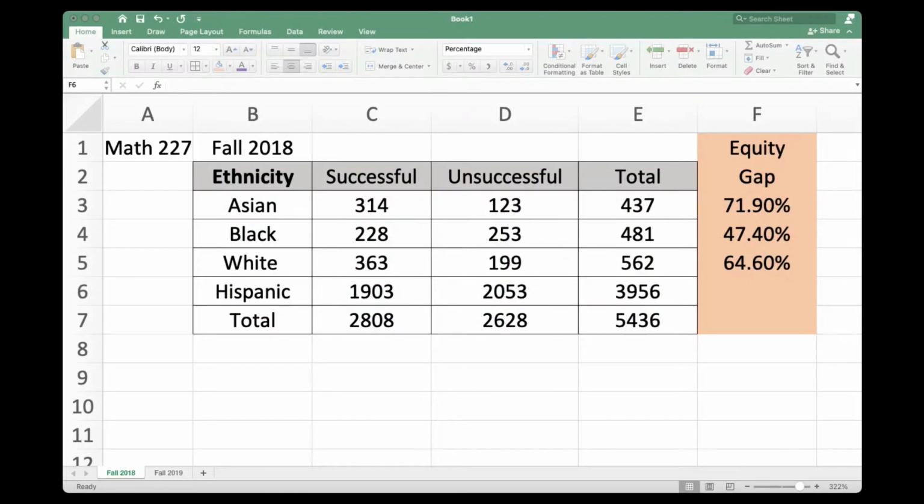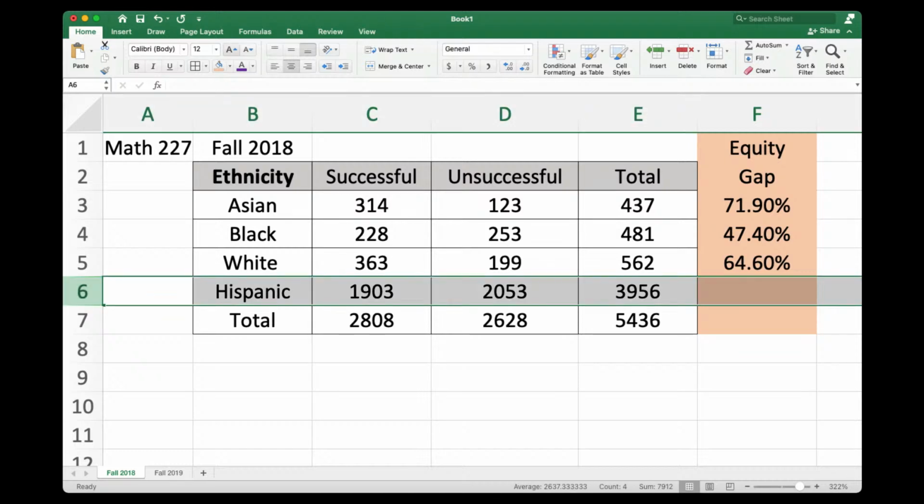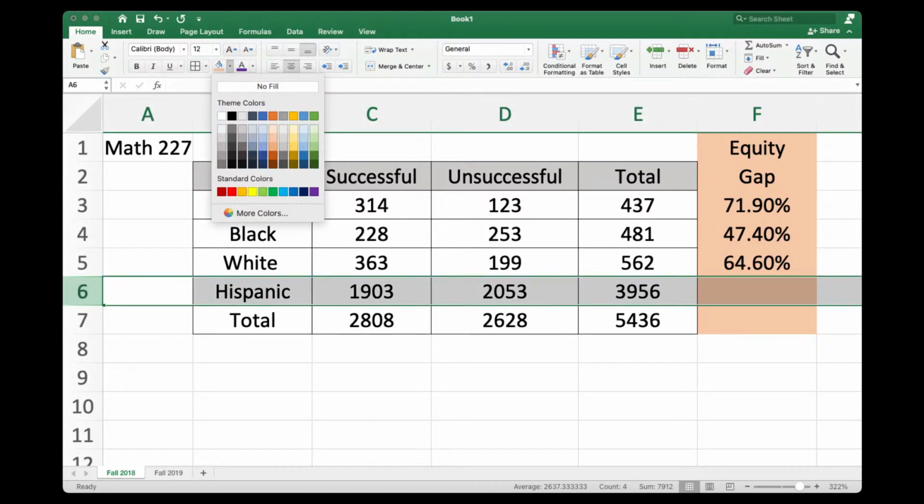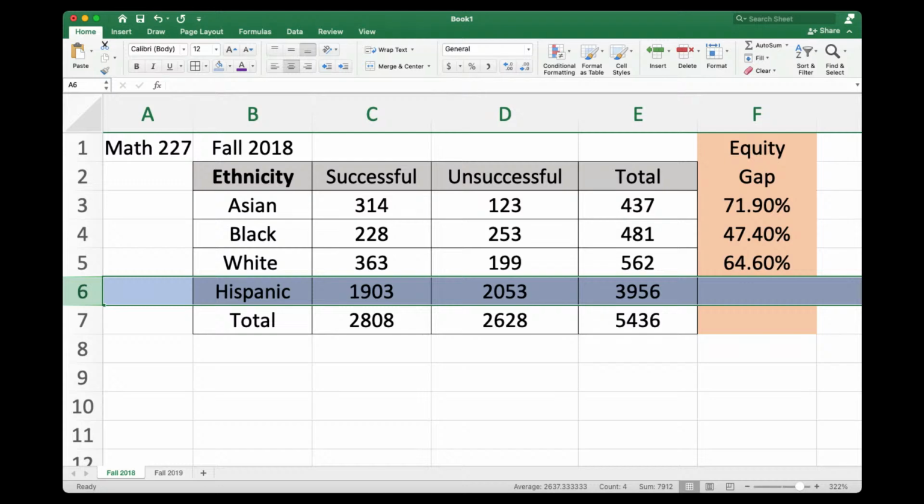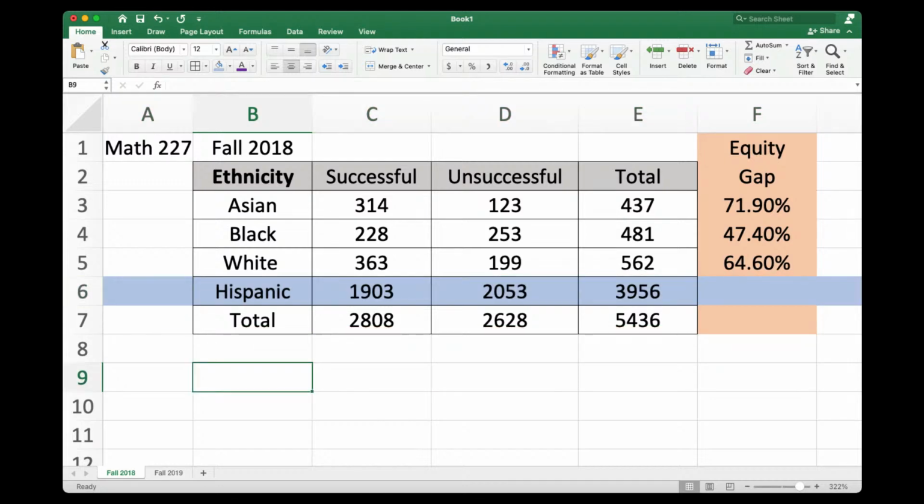Here we go. Tell me, how many Hispanics took Math 227 in 2018, pre-AB 705? What's that number here? 3,956. You know, that's a pretty big number. That's almost 4,000 compared to the rest. That's about, what, 500? So there's more than 8 times the number of Hispanic students than of these other ethnic groups.